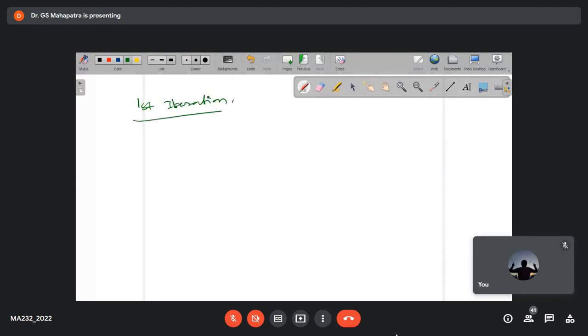First iteration. So put k equals to 0, and the initial approximation or initial solution is 0, 0, 1 as per your friends. Okay now.